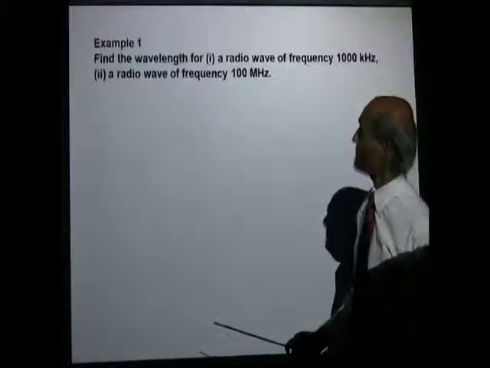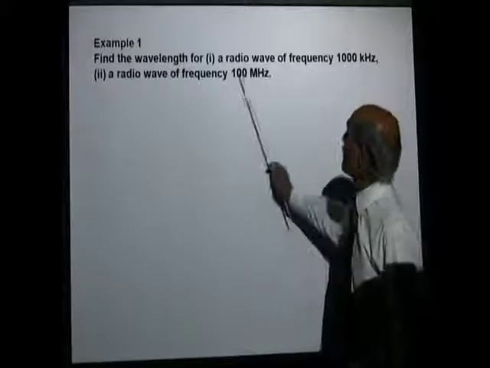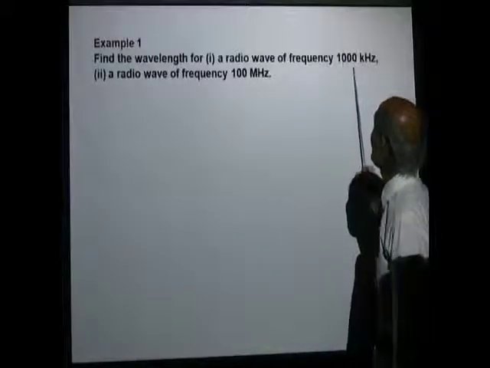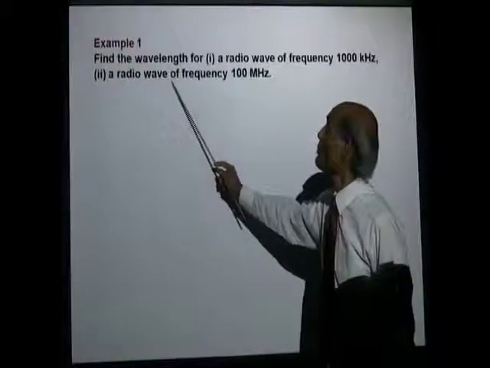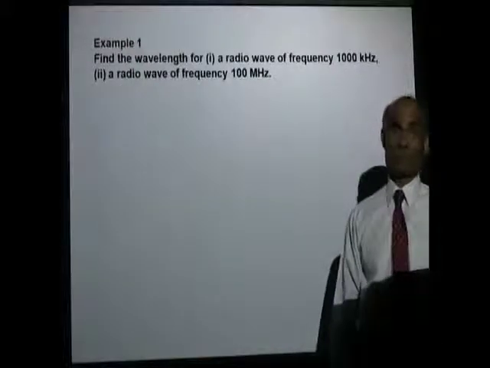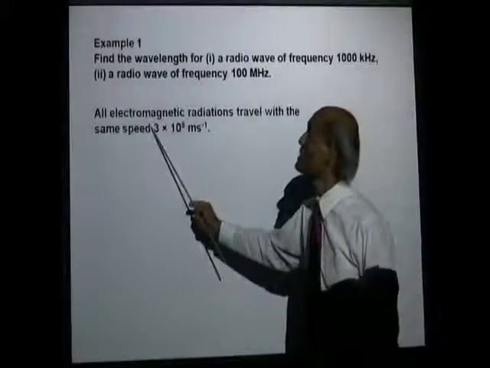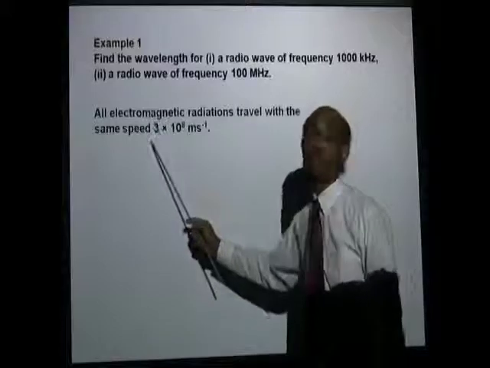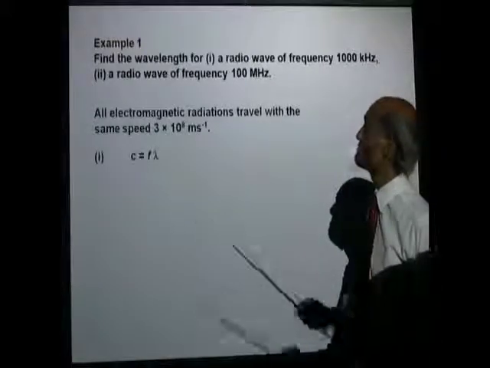Alright, let's do an example. Find the wavelength for a radio wave of frequency 1000 kilohertz, and a radio wave of frequency 100 megahertz. It's a very simple problem because you know that the speed of all electromagnetic waves is 3 times 10 to the 8 meters per second.